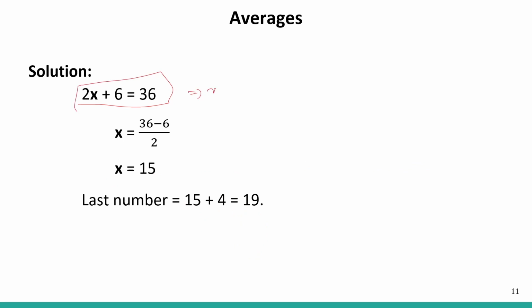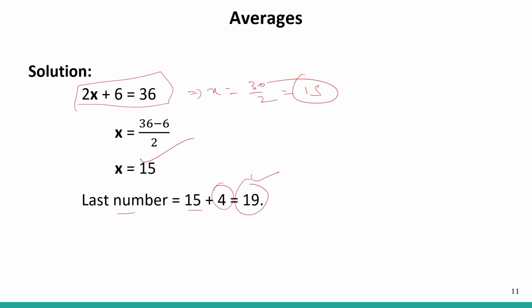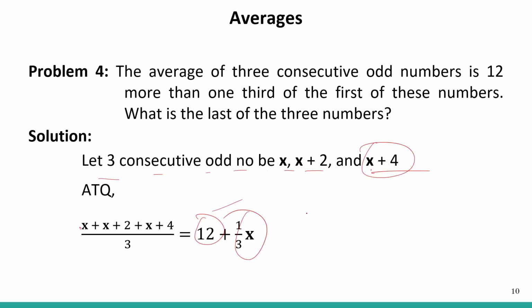This implies that x is equal to 30 by 2, which is 15. So 15 will be the x value. The last number will be 15 plus 4, which is equal to 19, because the last number was x plus 4. So 19 will be the correct answer. 15, 17, data inadequate are wrong answers.